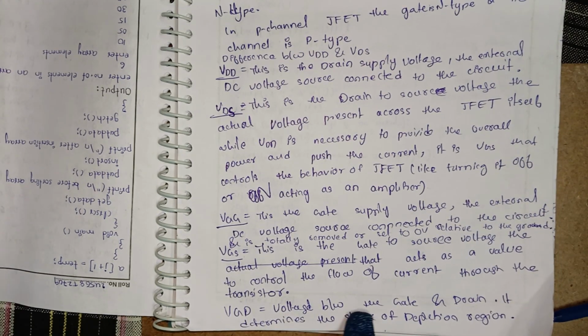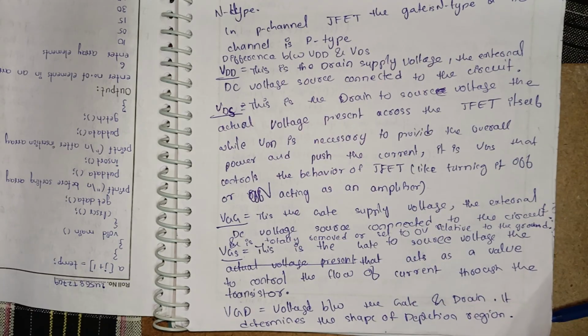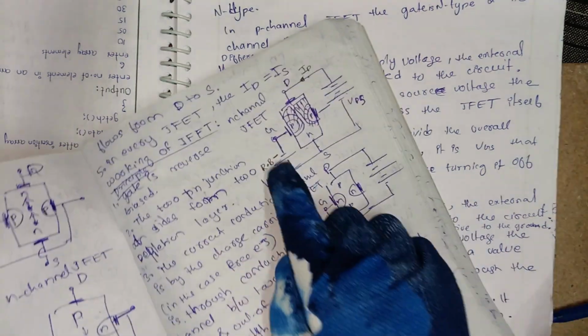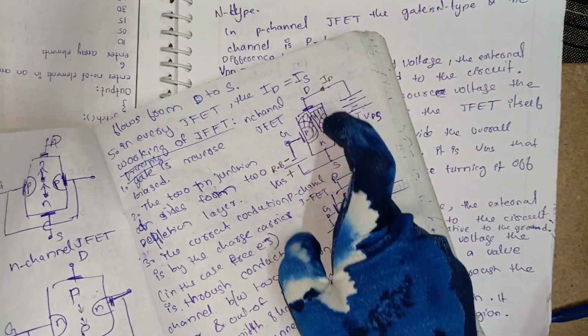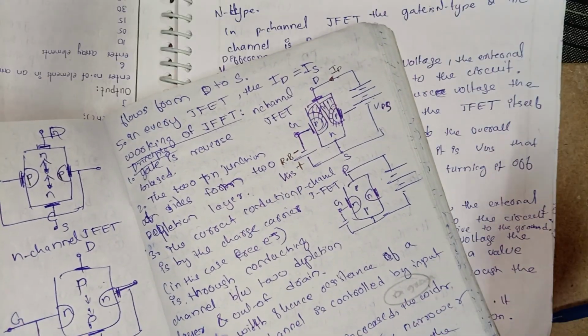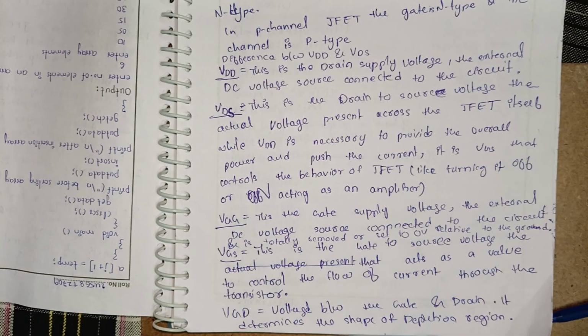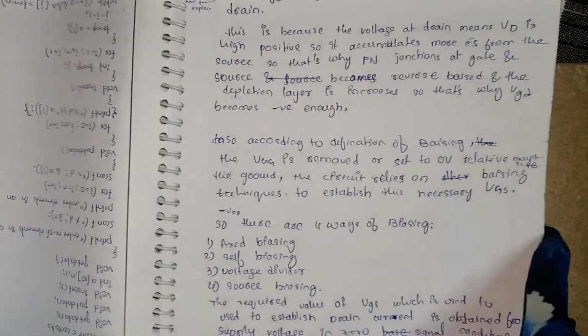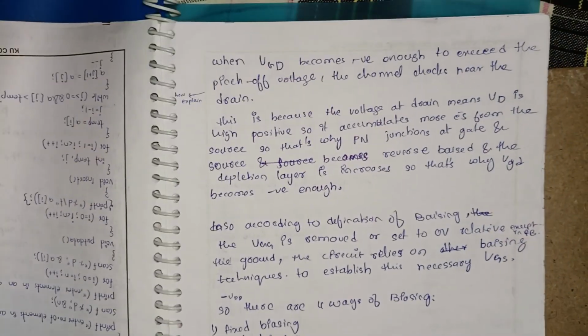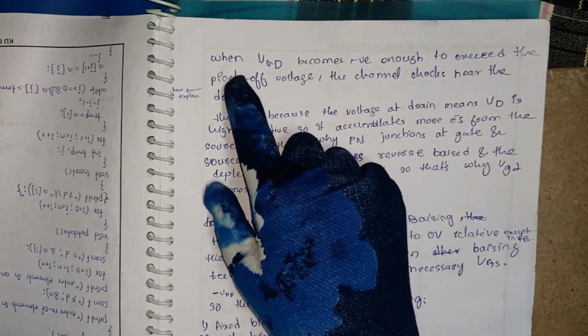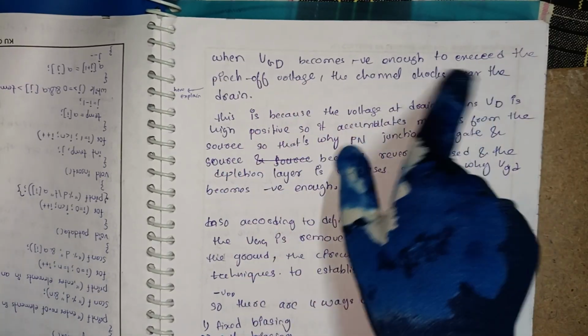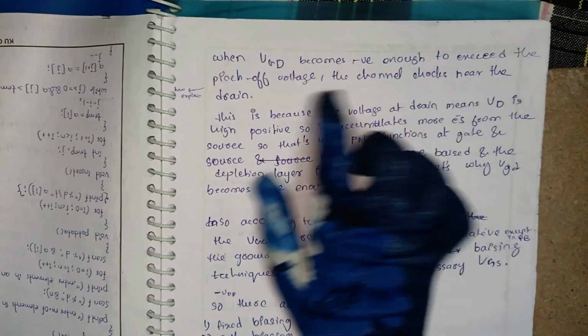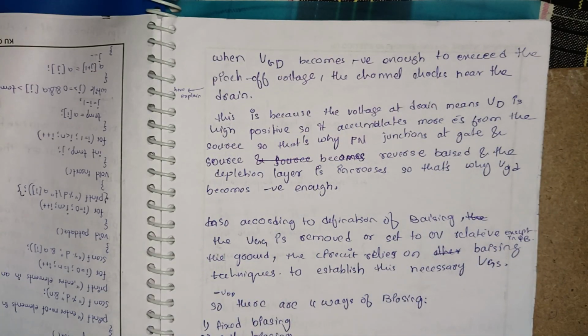And VGD. VGD is the voltage between the gate and drain. This is the gate and drain, the voltage between them. It determines the shape of the depletion layer. So when VGD becomes negative enough to exceed the pinch off voltage, the channel chokes near the drain.